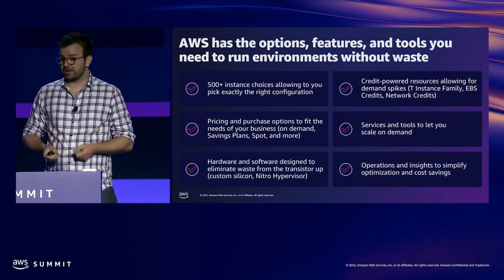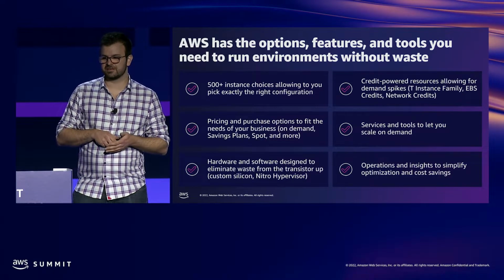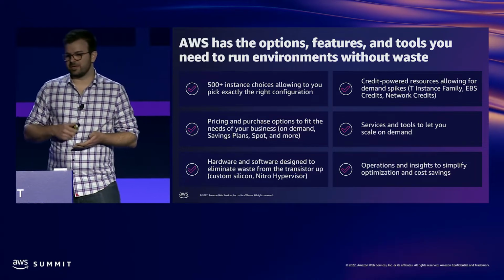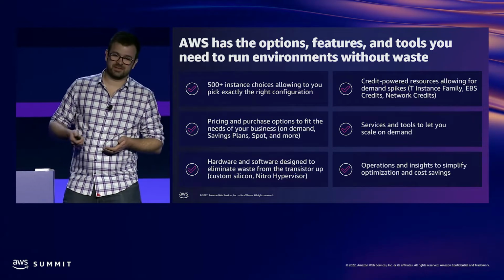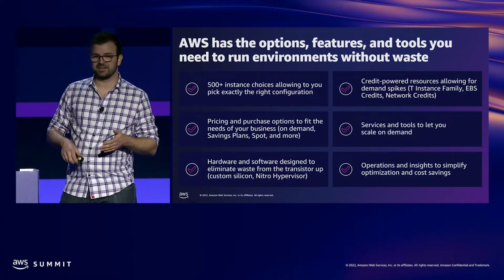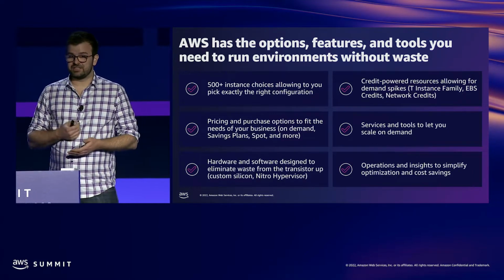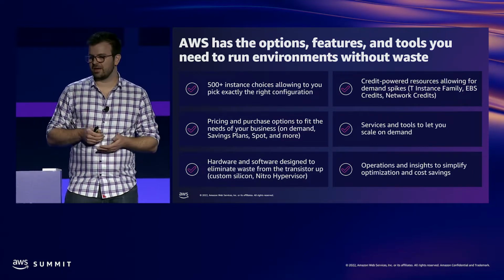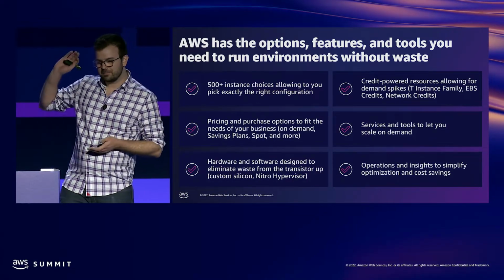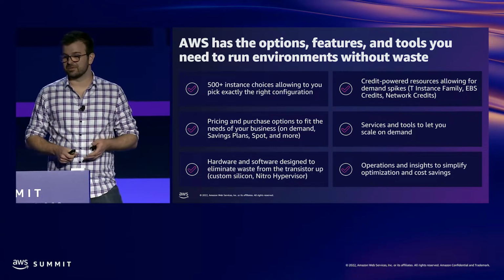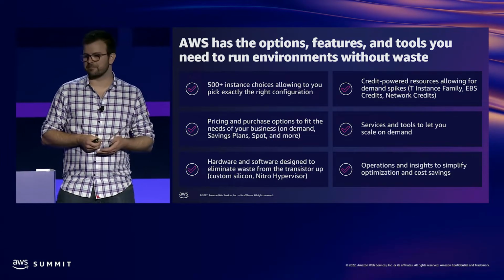And I'm really proud to work at AWS because I think that we take our end of this very seriously. Everything that we build at AWS is done with the goal of eliminating waste, and it's been like that for the last 15 or more years since we started. When we launched EC2 about 15 years ago, the idea of renting servers by the hour, spinning them up and turning them off when you didn't need them, were new concepts, and I don't think a lot of people really understood it at the time.